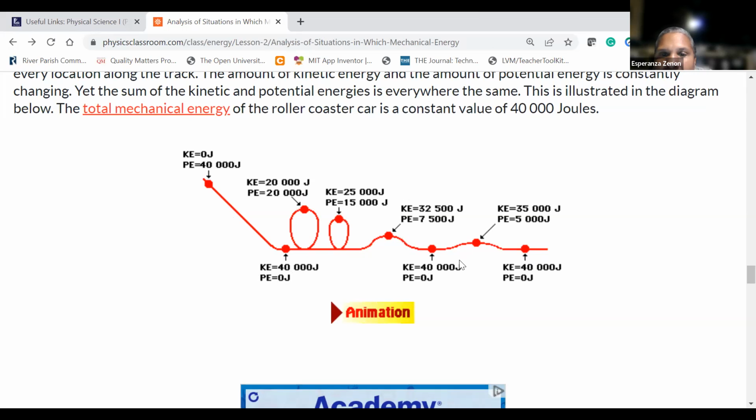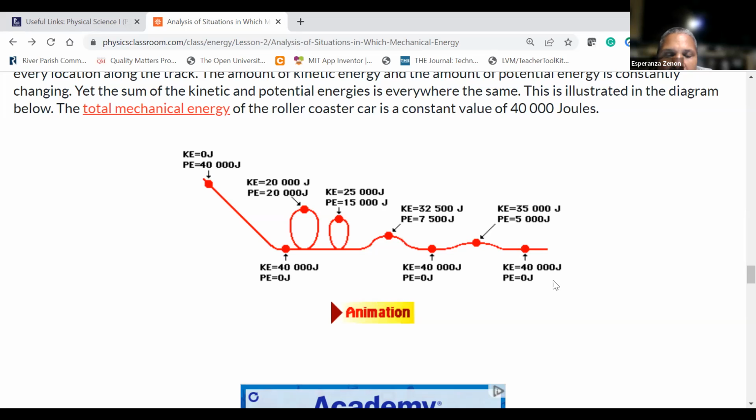No matter where we're at along the motion, the total is always 40,000 joules, because this roller coaster is gravity driven, there is no friction, which we know is not how things work in the real world, right? But because there's no friction involved and only gravity, mechanical energy is going to be conserved.